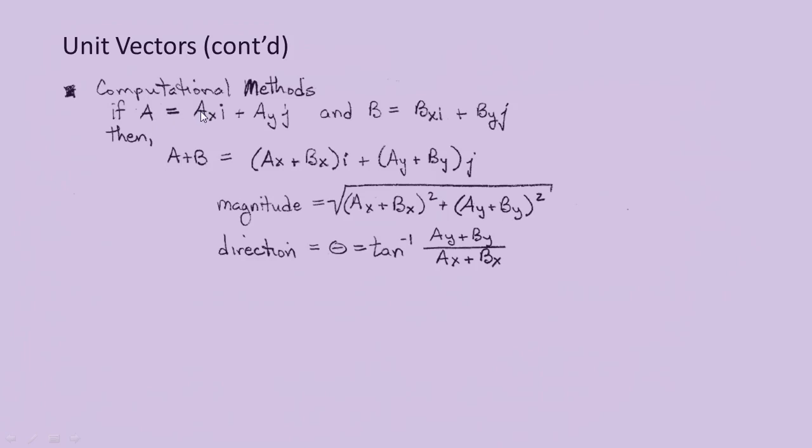If vector A is equal to a magnitude a sub x times the i unit vector plus a sub y, another magnitude, times the j unit vector, and B is equal to b sub x times i plus b sub y times j, then adding the two vectors A plus B can be written in unit vector notation as adding the x component magnitudes of the two vectors, a sub x plus b sub x, and multiplying that sum by the unit vector i, plus the magnitudes of the y components, a sub y plus b sub y, that sum multiplied by the unit vector j.